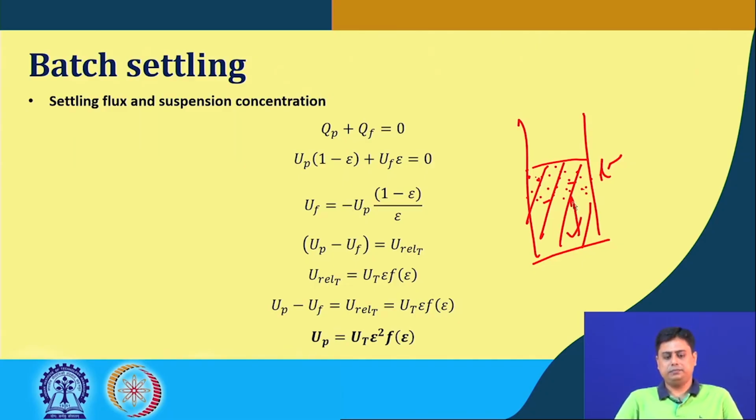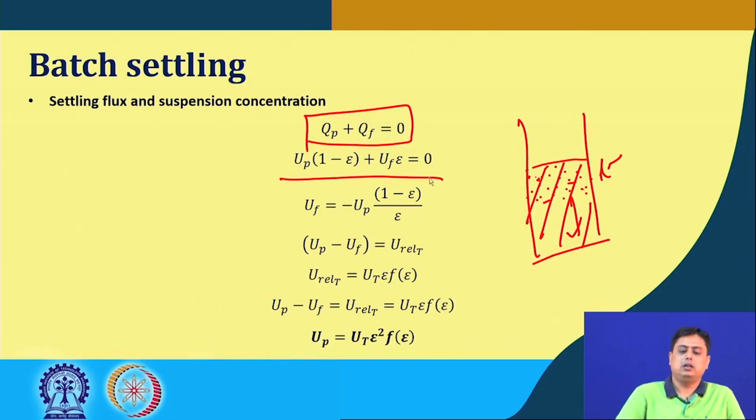Now, in batch settling, there is no inflow or outflow of particles or fluid. So, for the whole system, Qp plus Qf, that is the flow rate of particle plus the flow rate of fluid, is basically 0. This is a batch system, which we can write because it has a uniform cross sectional area. So, we write that in terms of its actual velocity.